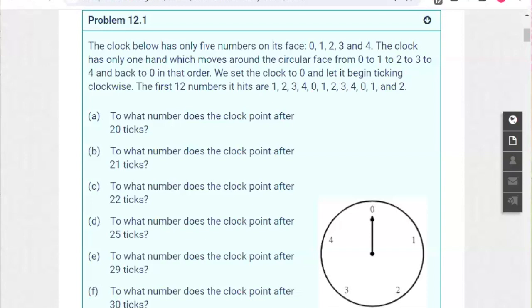And the 20th tick, what's that going to hit? 5? No, it does not hit a 5. There's no 5 on the clock. 0. What is the 21st tick going to hit? 1. And the 22nd tick? 2. Got it. You understand? Okay. Emily, do you see a pattern here?